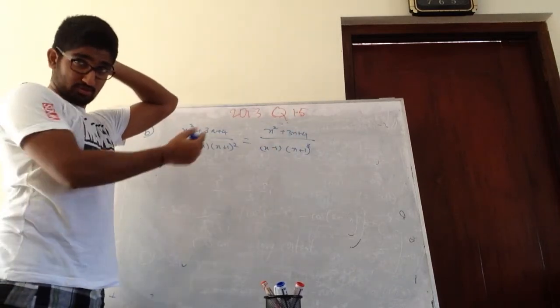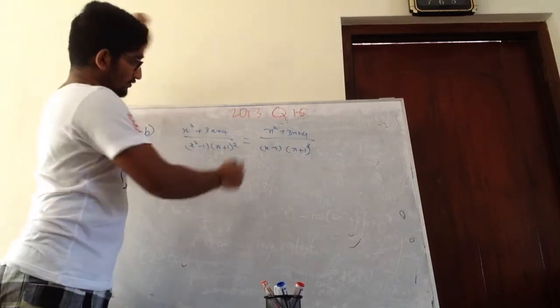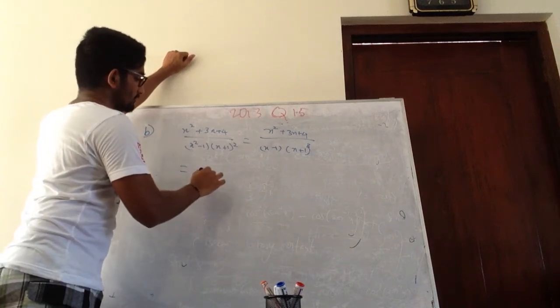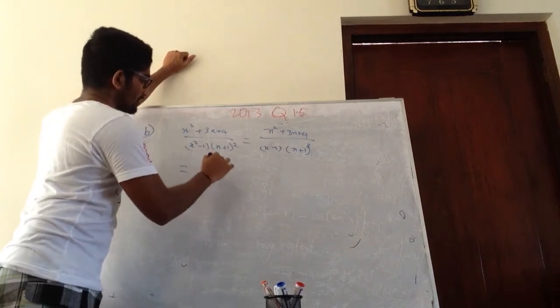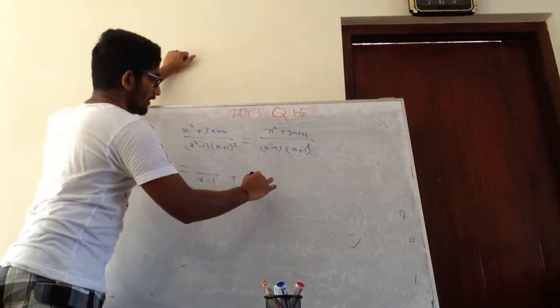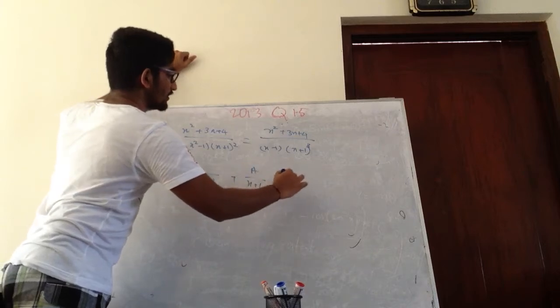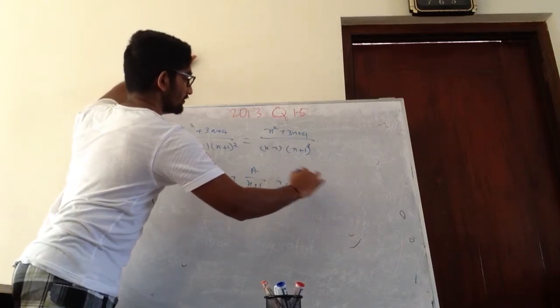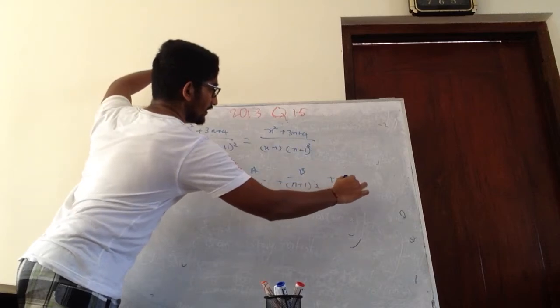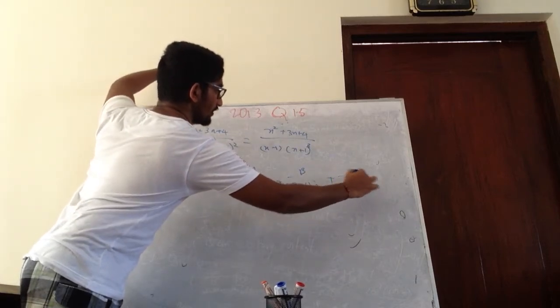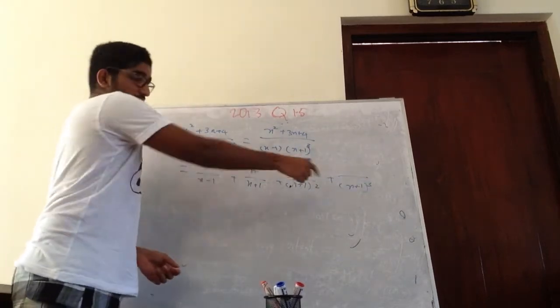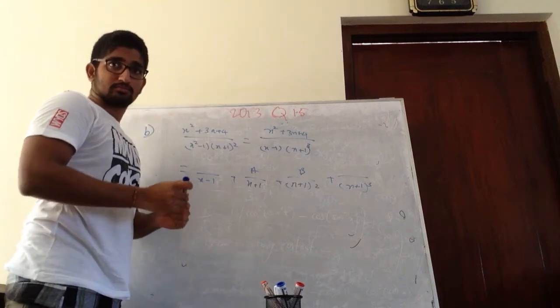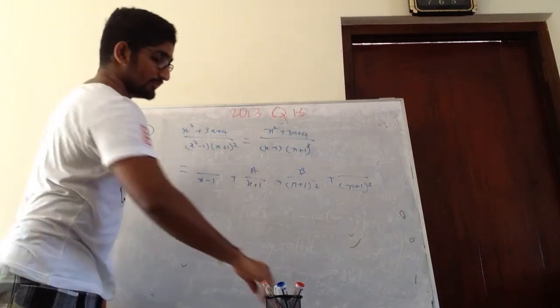Right, so what I am going to do is find the partial fractions here. So I can write this down as A over x plus 1, B over x plus 1 squared, and something over x plus 1. So these two we can find straight away. Right? So let's do that.